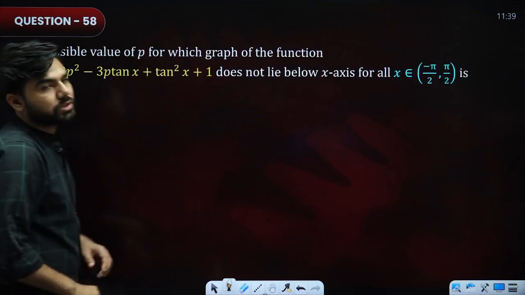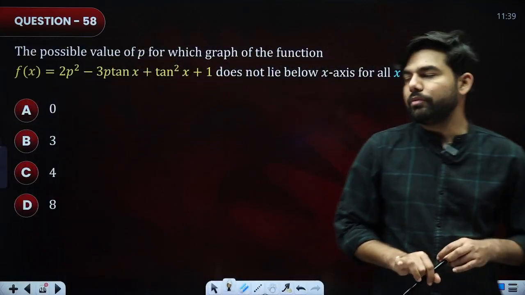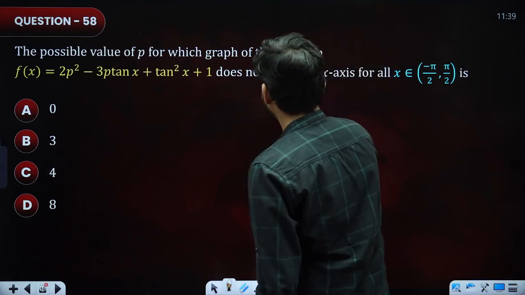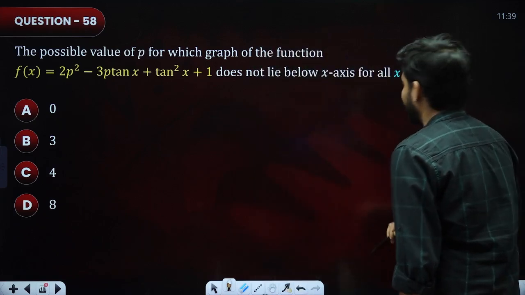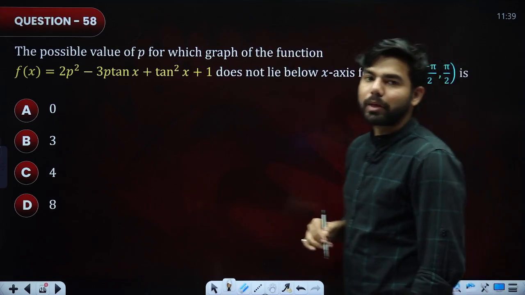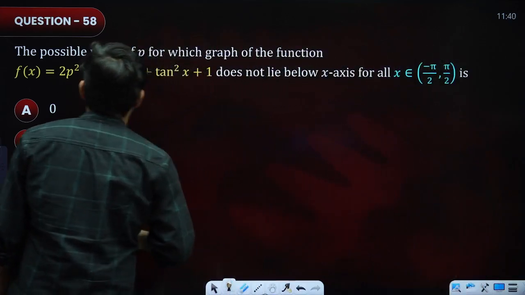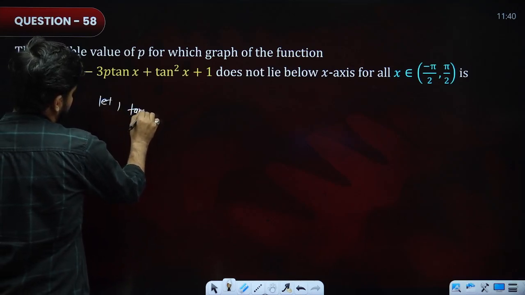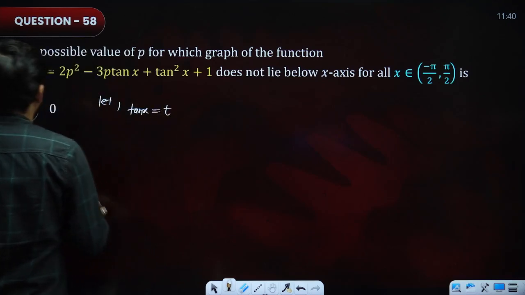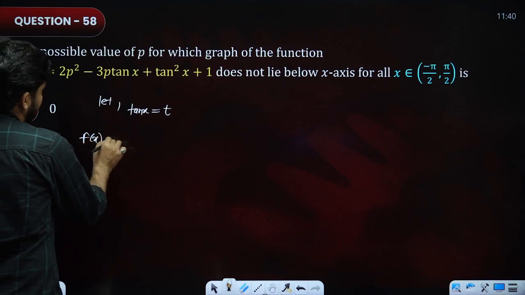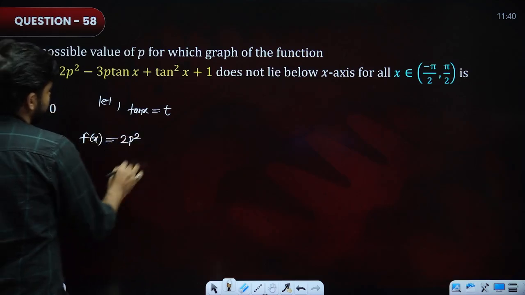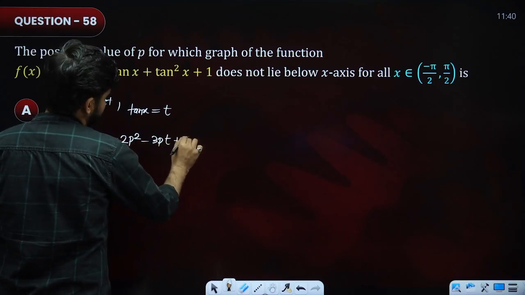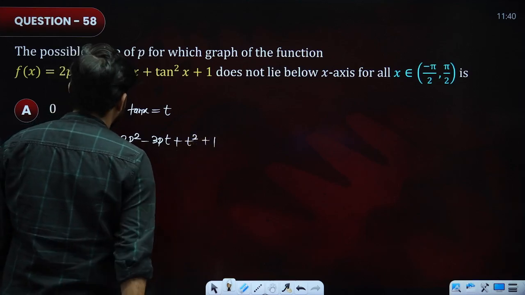Okay, next question, we have to find the possible value of p for which the graph of the given function does not lie below the x-axis, where x belongs from minus pi by 2 to pi by 2. So for that condition let's take tan x equals t. Here we can write f of x equals 2p square minus 3p into t plus t square plus 1.